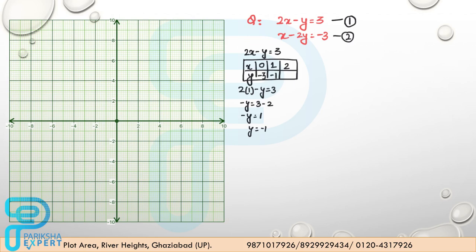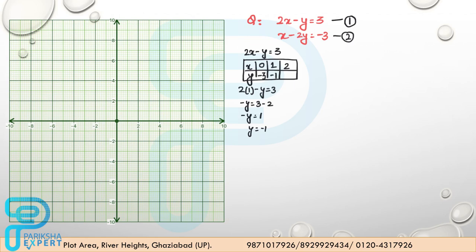Reason being, if I try to assume the value of y, I may get the value of x in fraction because it has 2 as a coefficient there. So therefore we will try to assume the values of the variable which is not having the coefficient as 1.